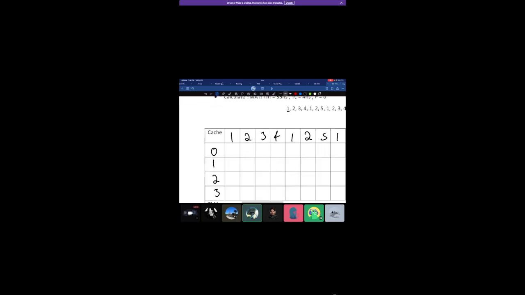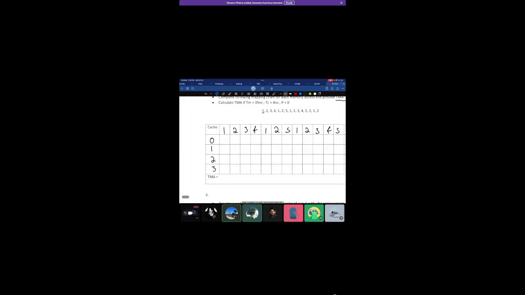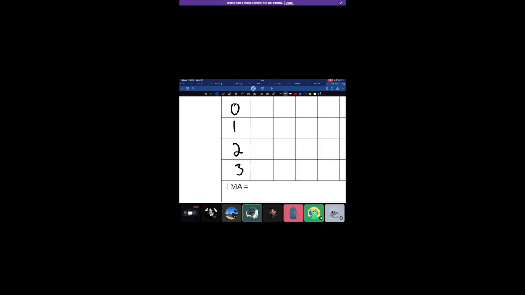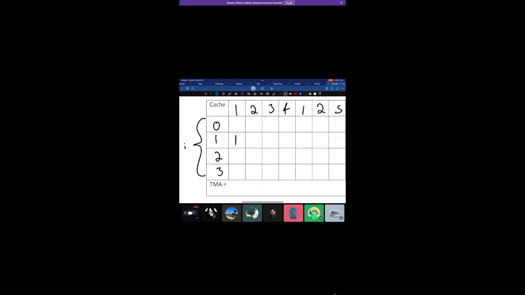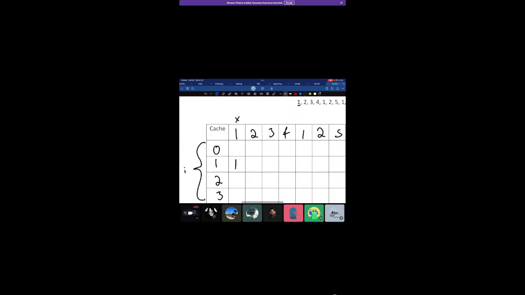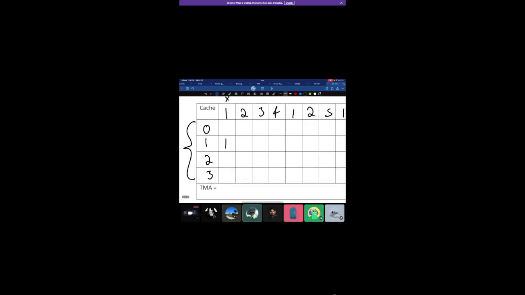So we see address 1, and when there's nothing in the cache, we have to ask ourselves, where is that going to go? So 1 mod 4, that's just 1. So that's going to go in index 1. These are the indexes. Just say that's I. 1 goes there, and that is a miss. 2, nothing there.